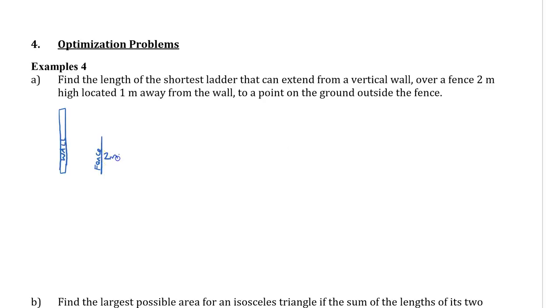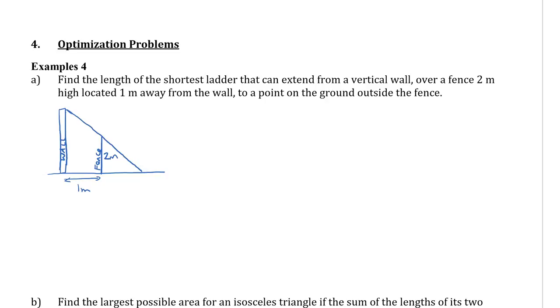All right, now what we want to do is find this ladder that can extend from the wall over the fence, 2 meters high, which is located 1 meter away. So this distance here, from here to here, is 1 meter, so that it falls to a point on the ground outside the fence. So this often happens, right? You want to find that ladder that we can go across here like this.